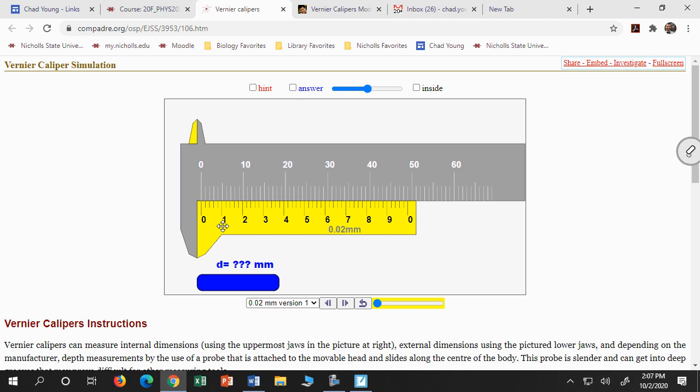But what I'm going to do is I'm going to give you a cylinder, and then you have to figure out what is the diameter of that cylinder using a caliper. Okay? After we're done here, I can go upstairs and get it to you, and we can review that if you want. The caliper, remember, measures in centimeters.